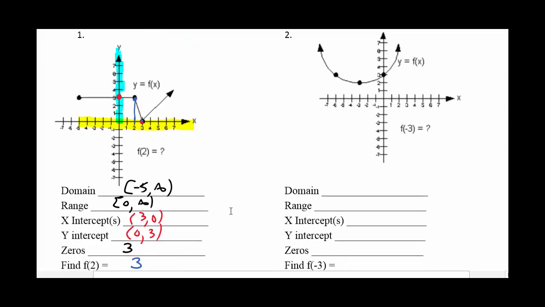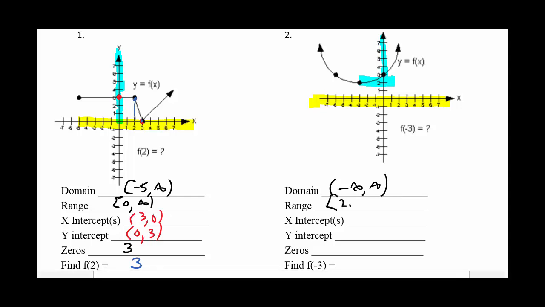All right, next graph, again start with domain and range. It looks like with the arrows it's going to keep going, so there's nothing restricting the domain. Range is a little different story in that I can see that my smallest y value is at 2, and then it just keeps going up from there.